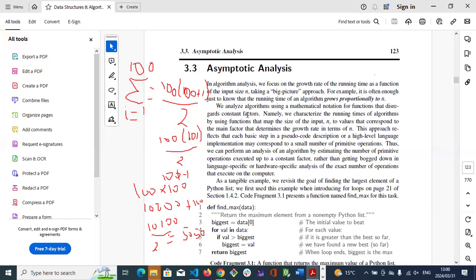The asymptotic analysis is how our algorithm performs. Asymptotic analysis refers to defining the mathematical framework of its runtime performance. For the performance of our algorithms, we use what we call asymptotic analysis.